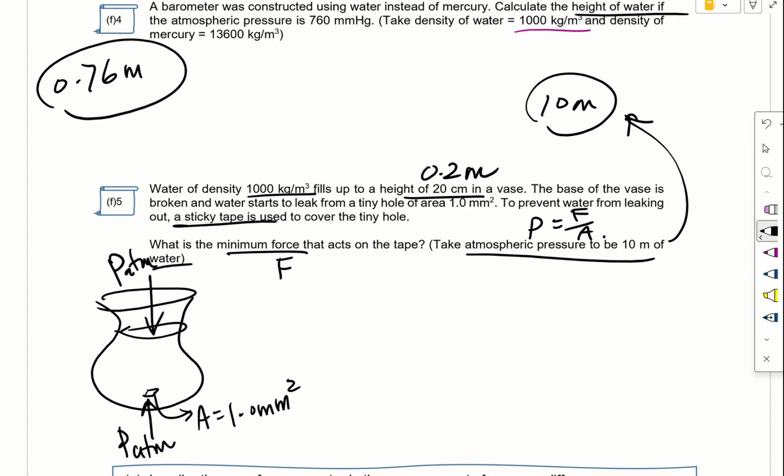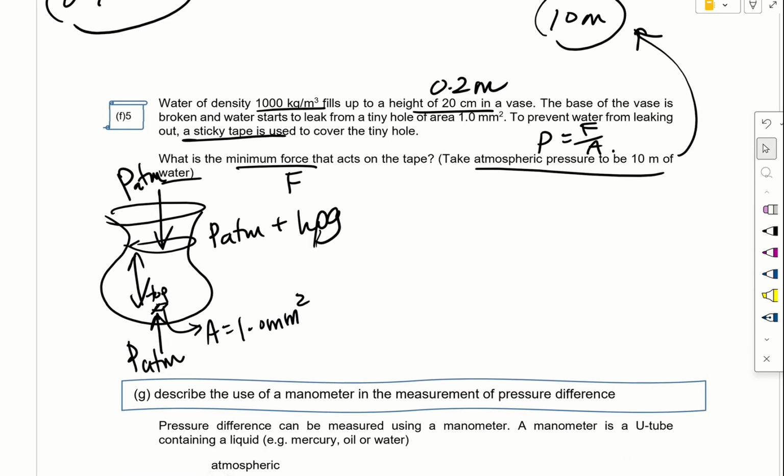If I'm talking about the pressure acting on the top of the tape, we have PATM plus the height of liquid, rho gh, which is this amount of height of liquid. But if I am talking about the bottom, we also have PATM plus a certain force that the sticky tape is placed on to prevent the water from leaking out.